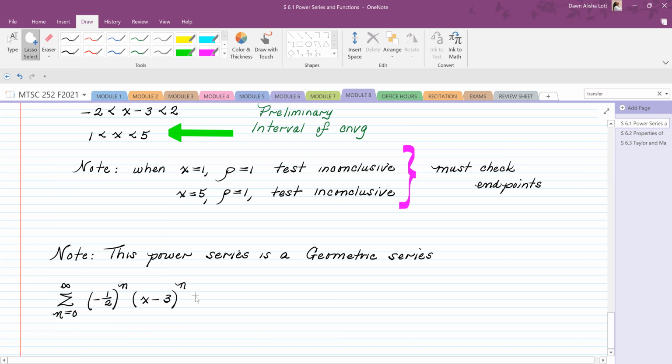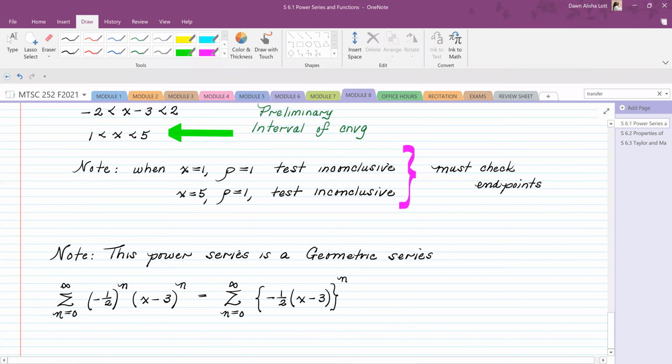So I can write this as the sum n equals 0 to infinity of -1/2 times x minus 3, the whole thing to the nth power.